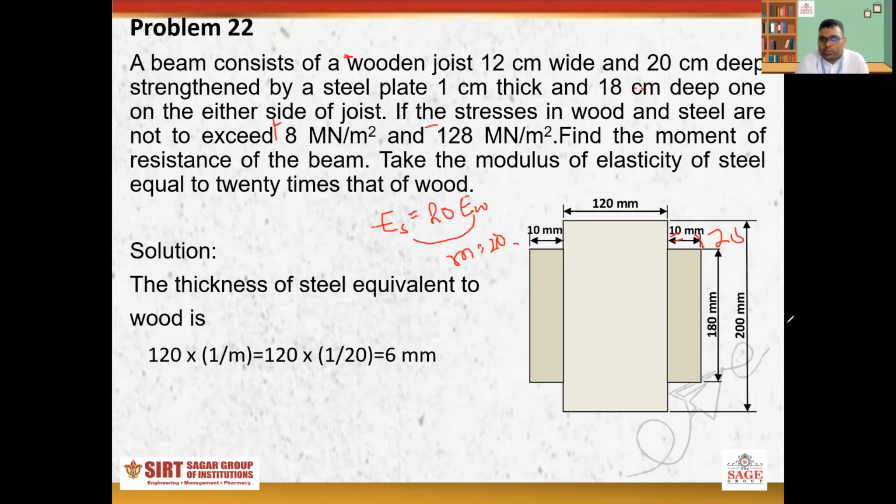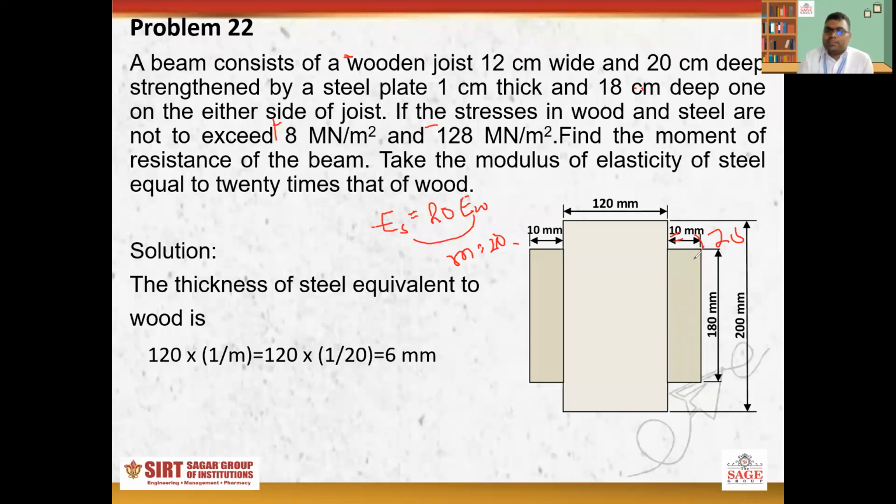So what we are doing, we are going to solve this numerical with a different approach. We know the sigma value for the respective materials, but we are going to solve for the moment of inertia I value, once we first convert this part to the equivalent of steel. The whole section will be converted to the equivalent of steel.